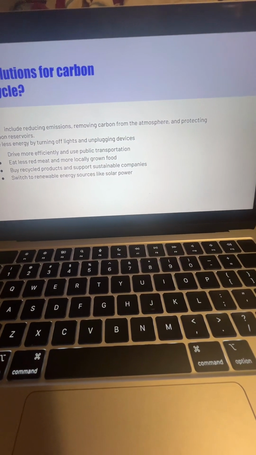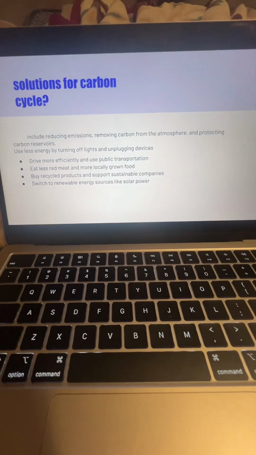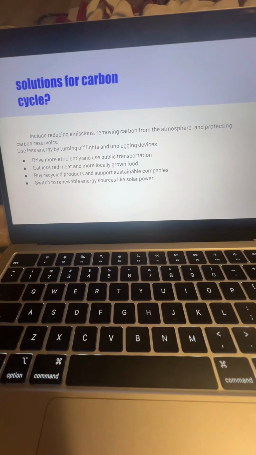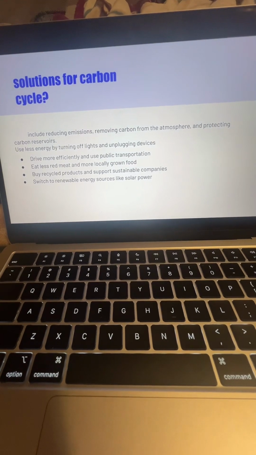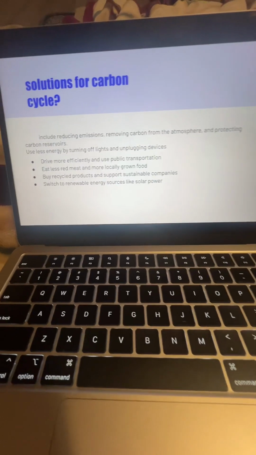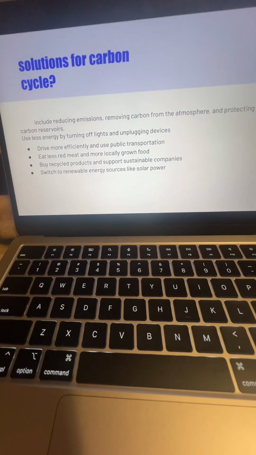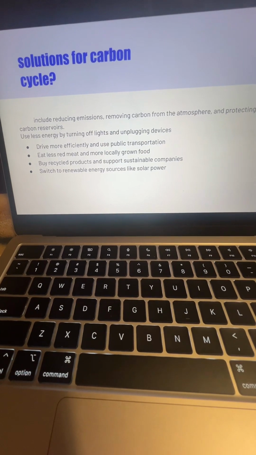Use less energy by turning off lights and unplugging devices. So this will basically help the carbon cycle. Even little things can do a lot to help.